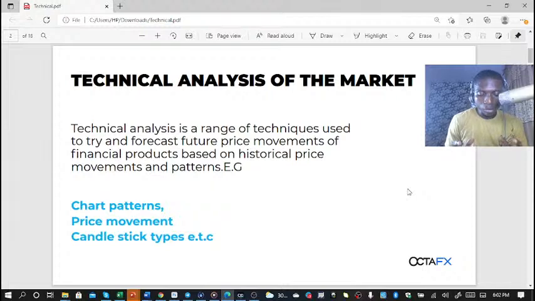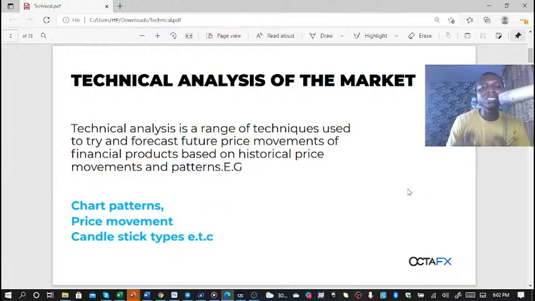So technical analysis thrives on analyzing past data and forecasting future price movement with either the chart pattern, the price moves, or the candlestick.